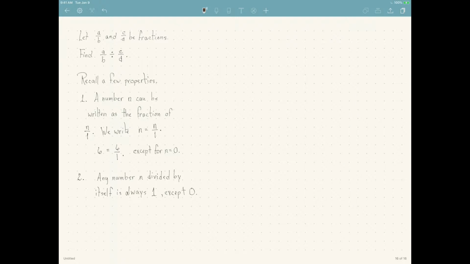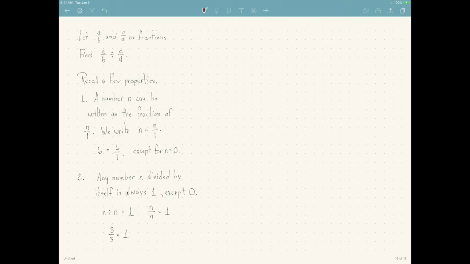So if I take the number n and divide it by the number itself, I always get 1. We may have written it as n divided by n. Well, that's just 1. With specific numbers, for example, 3 over 3, that's just 1.